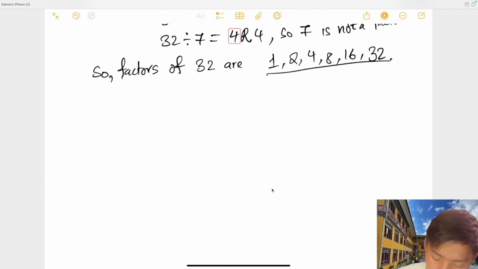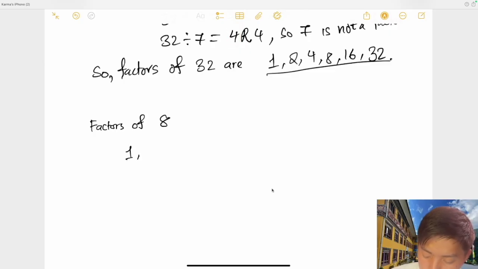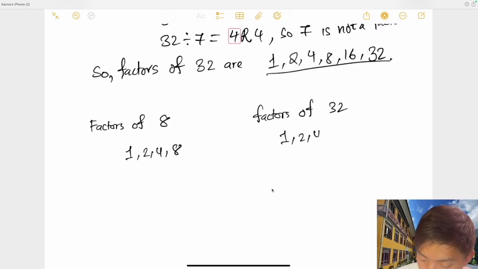Now I'll write it down here. Factors of 8 are 1, 2, 4, 8. Factors of 32 are 1, 2, 4, 8, 16, 32.